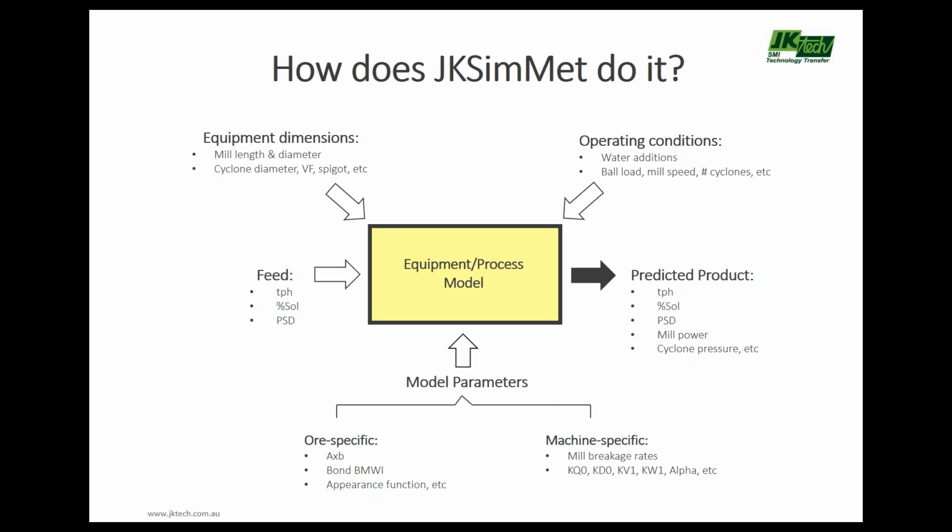Obviously, if we are talking about a comminution circuit, then we are not predicting only the final product stream, but all intermediate streams actually. So this works for every single piece of equipment.